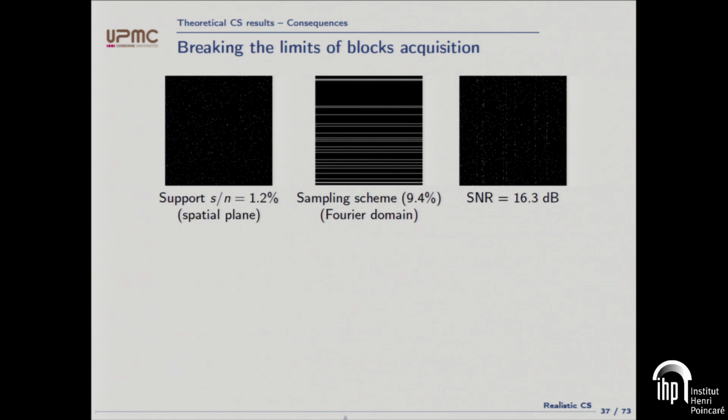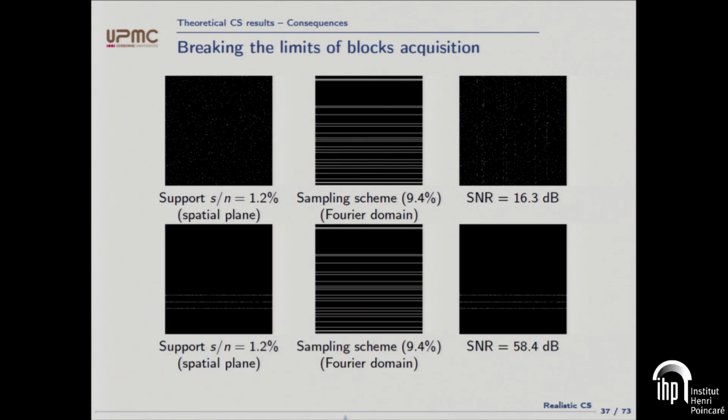Now I consider another signal, which has the same amount of sparsity as before, but now the sparsity is structured along horizontal lines. I still observe it through the Fourier domain using the same sampling scheme as before, and now I reconstruct this perfectly.